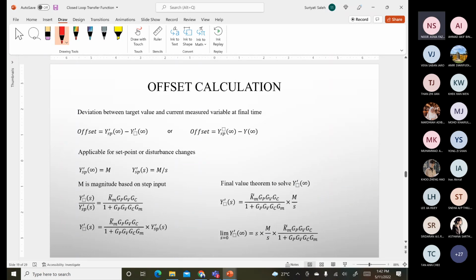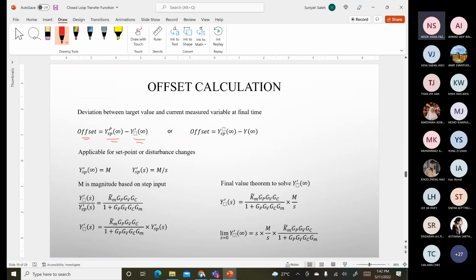All right, and lastly is the offset calculation. Here the offset definition is the difference between your target value and the current measured value. So you have the offset equal to y prime sp infinity minus y prime infinity.